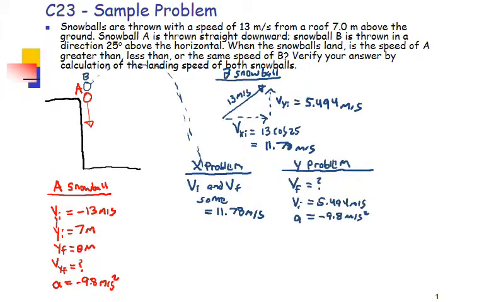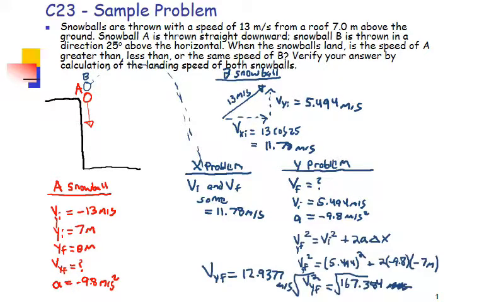So for the x problem, the velocity stays the same, and then for the y problem, we know we're looking for the final velocity and the initial velocity, and the y is positive 5.494. And so what we would end up getting for the final y velocity would be 12.94.